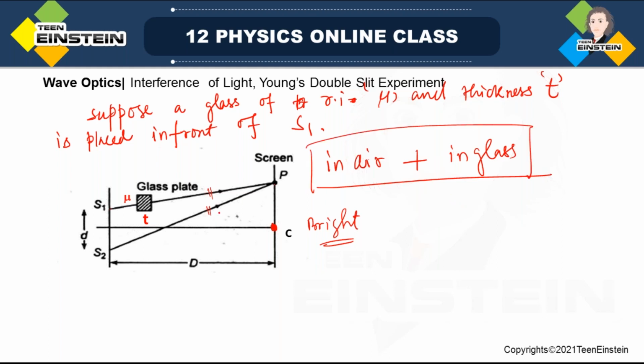I'll tell you one thing. If both the lights are traveling in air, then their path difference will be just S2P minus S1P.